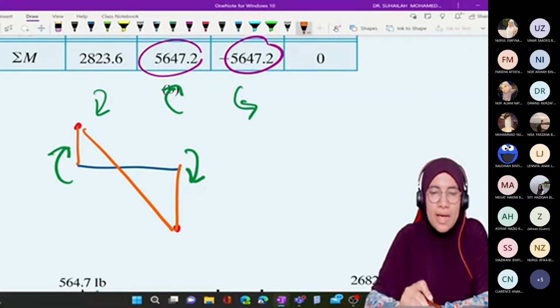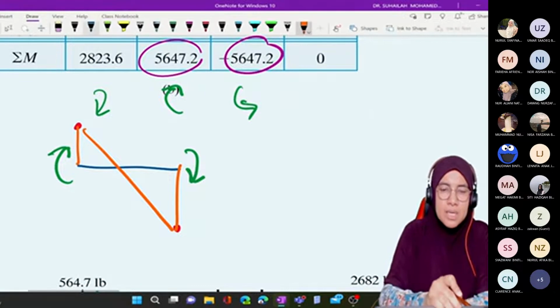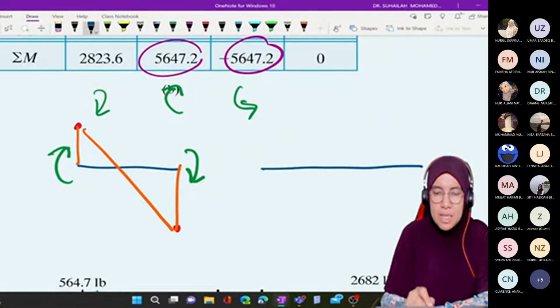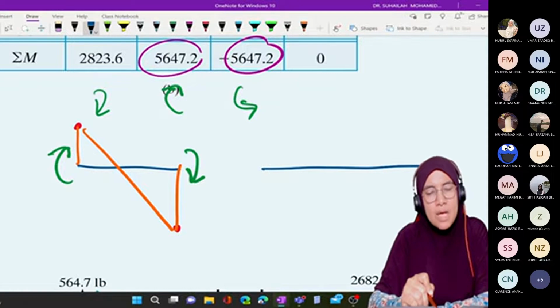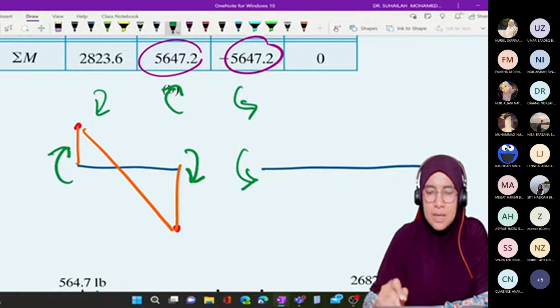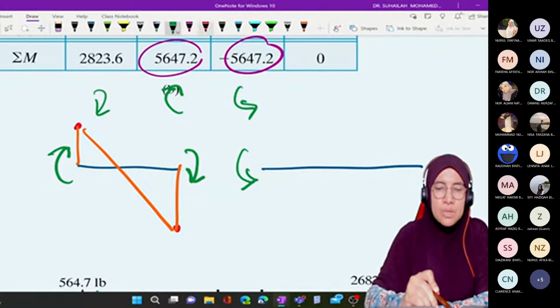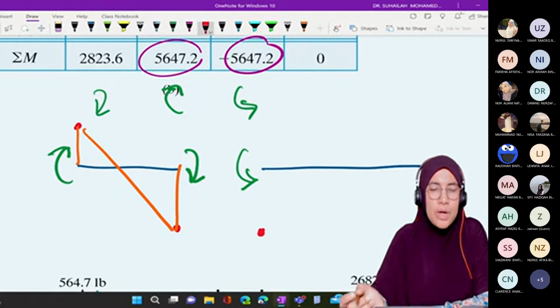Okay, and then we have member BC. For member BC, we have B and C here. The moment is counterclockwise, and the last value is 0. So this is the point.